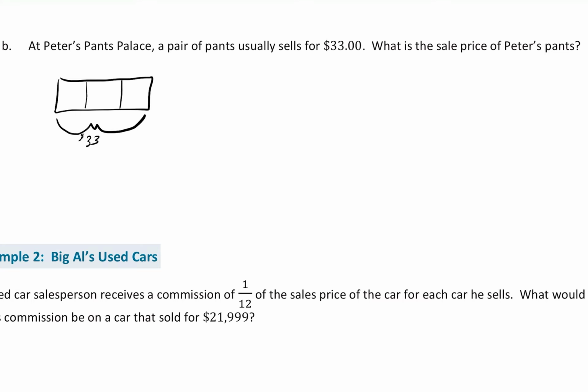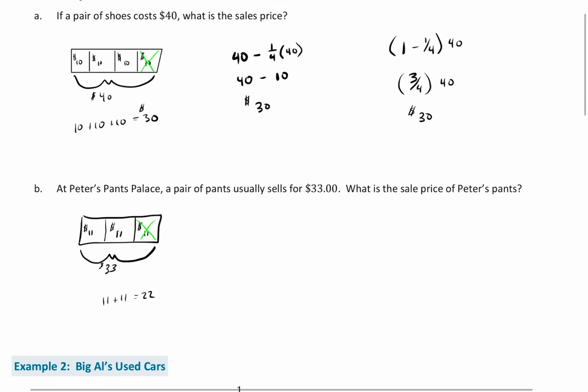So 33 broken up into thirds is $11, $11, and $11. We're taking 1/3 away, and what we find is what's left. 11 plus 11 is 22. So that was the same as the first method.